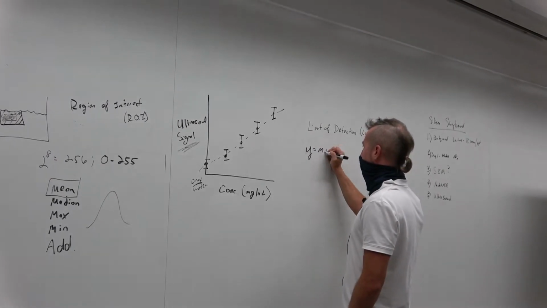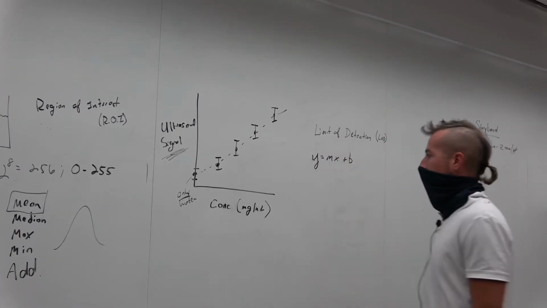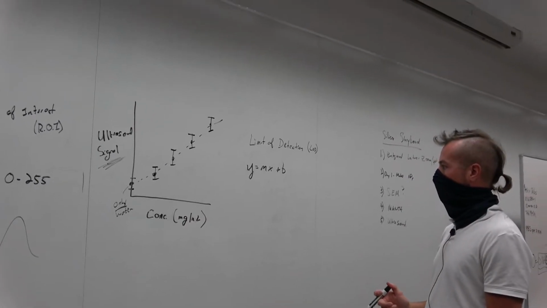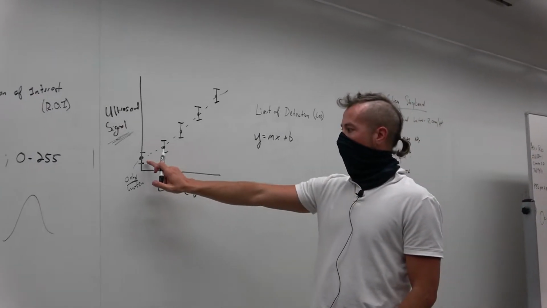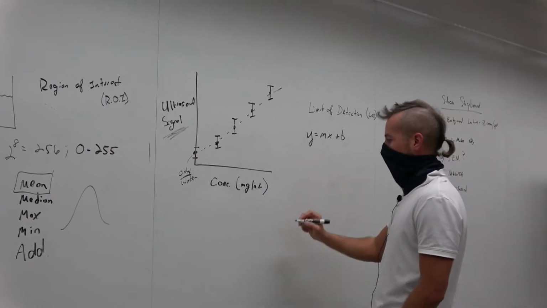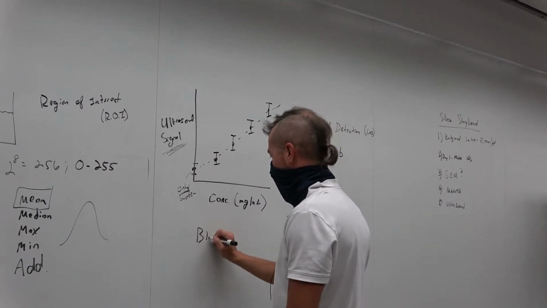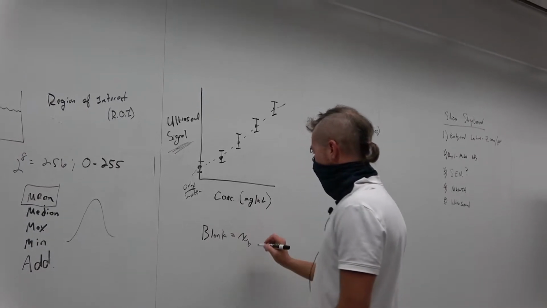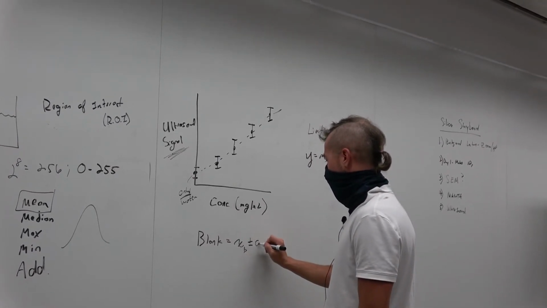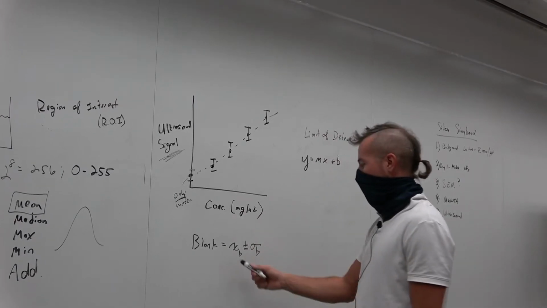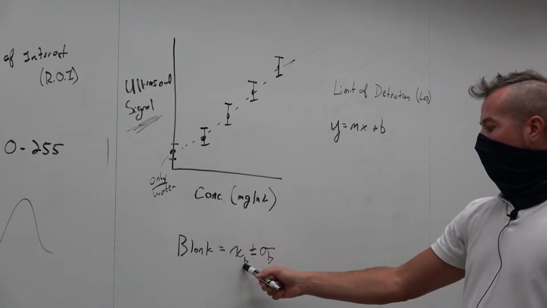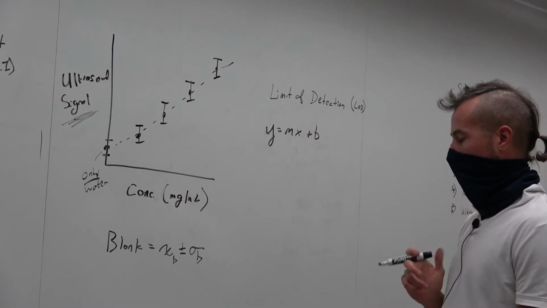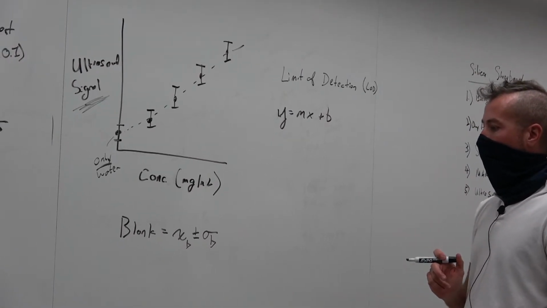Okay? So if we assume that this is y equals mx plus b, we know our blank has a mean plus or minus a standard deviation. So those are b's, the mean of the blank, standard deviation of the blank. Okay?